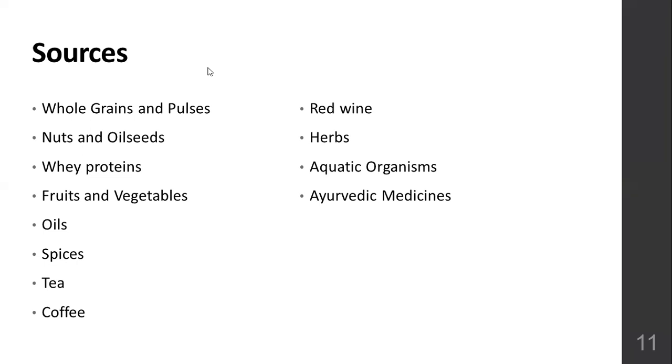Nutmeg, mace, and turmeric. Tea has flavonoids, a cup of tea can give at least 200 microgram of flavonoids. Green tea has 6 times more free radical activity than black tea.